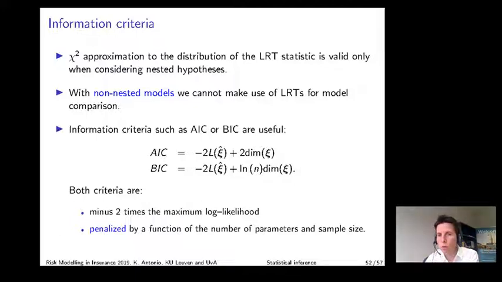Hence, those criteria evaluate the trade-off between goodness of fit, as captured with the log likelihood of your model, and complexity of your model, as captured with this penalty. When comparing models with these criteria, you will prefer models that result in smaller values. Given a set of candidate models for the data, the preferred model would thus be the one with the minimum value for AIC or BIC.